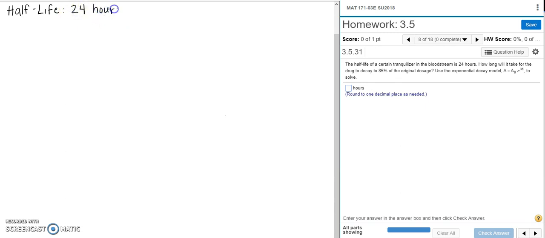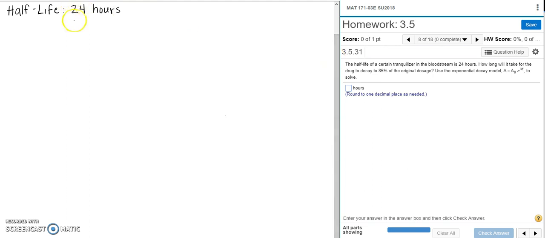That is how long it takes for any amount of the substance to reduce to half of the amount you start with. The question's asking how long will it take for the drug to decay to 85% of the original dosage.